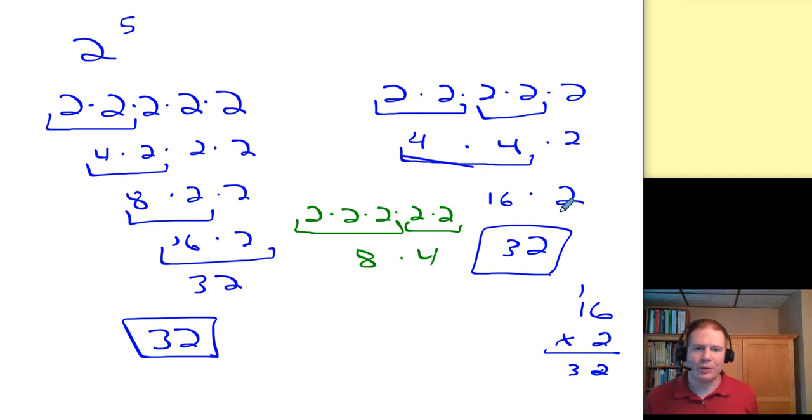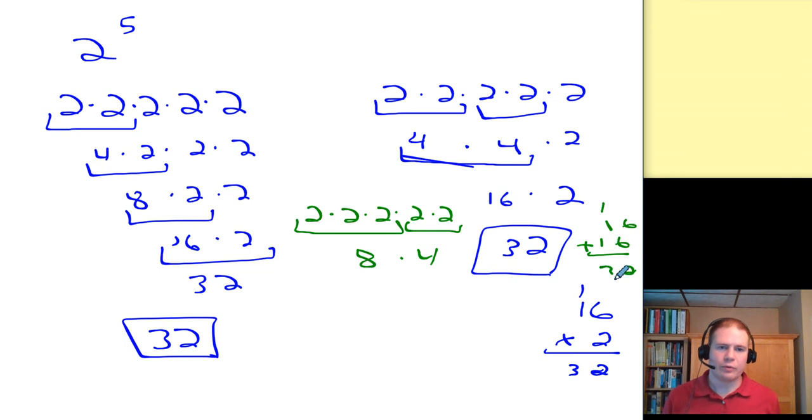And then maybe I don't have 16 and 16 memorized. I'm either multiplying by 2 or adding up 16 plus 16. 6 and 6 is 12. There's 32. But maybe I do have 8 times 4 memorized. That's two one-digit numbers. 8 times 4 is 32.